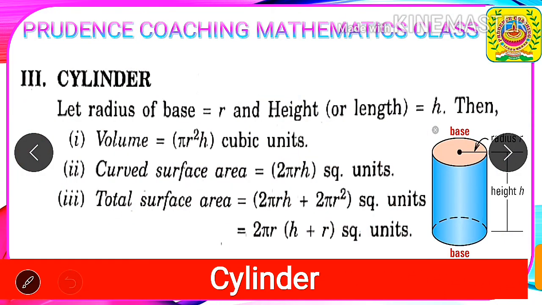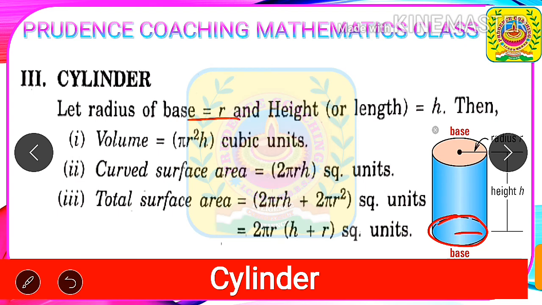As you can see, cylinder has circle as its base and top. So let us assume the radius of the circle or the base be r, and the height of the cylinder, height means the perpendicular distance of the top and bottom, be h. Then if we calculate the volume, according to the generalized formula of prism, volume is base area into height.